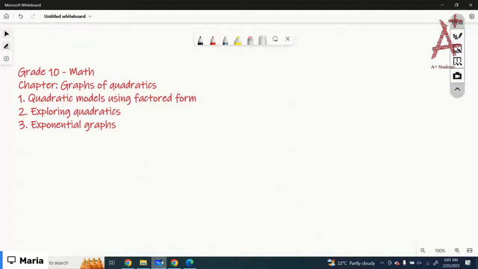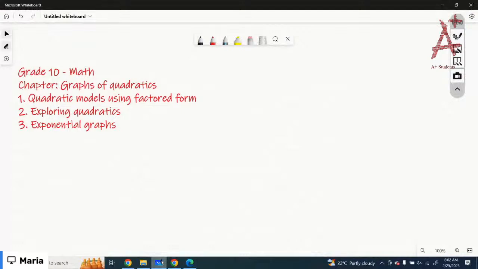So we're going to do grade 10 maths. We're going to start with the chapter Graphs of Quadratics.